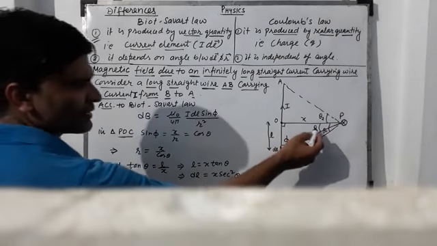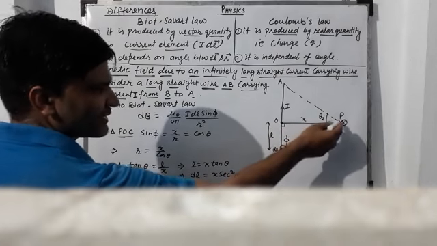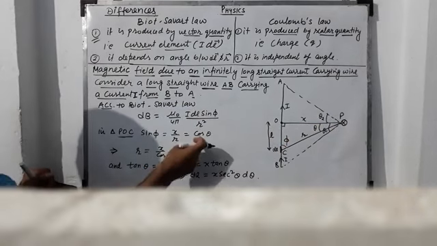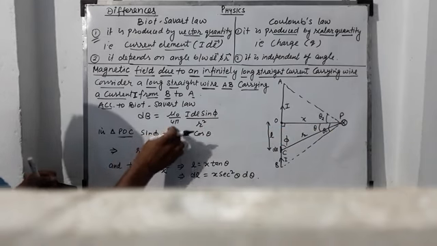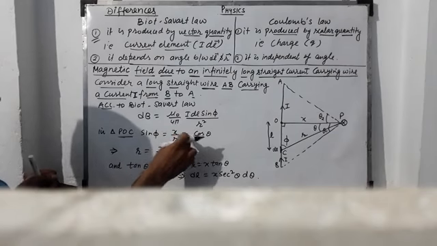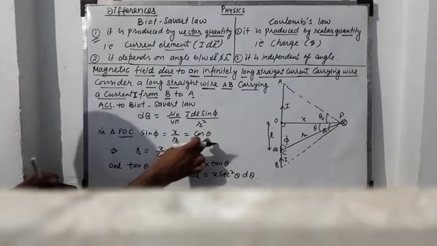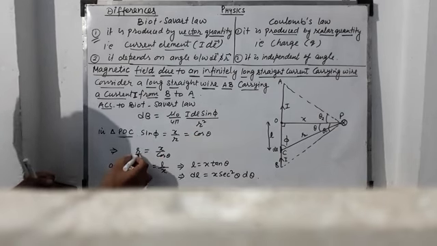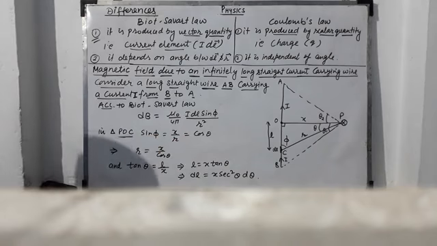But for angle theta, this is base and this is hypotenuse, so it is equal to cos theta. It means sin phi is equal to x upon r, which is equal to cos theta. From this we have r is equal to x upon cos theta.